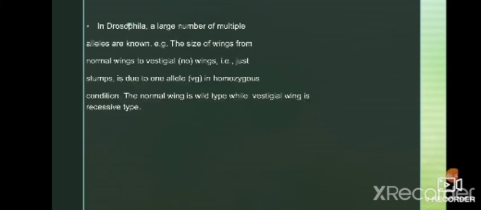In Drosophila, a large number of multiple alleles are known. Example, the size of wings from normal wing to vestigial wings, that is just stumps, no wings, is due to one allele vg in homozygous condition. The normal wing is wild type while the vestigial wing is recessive type.